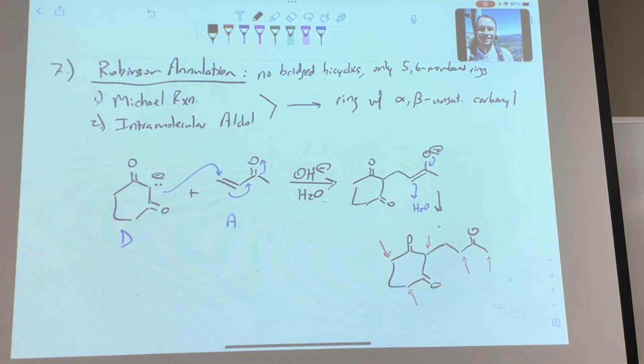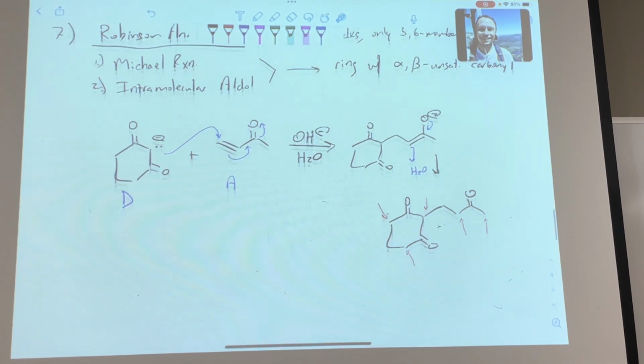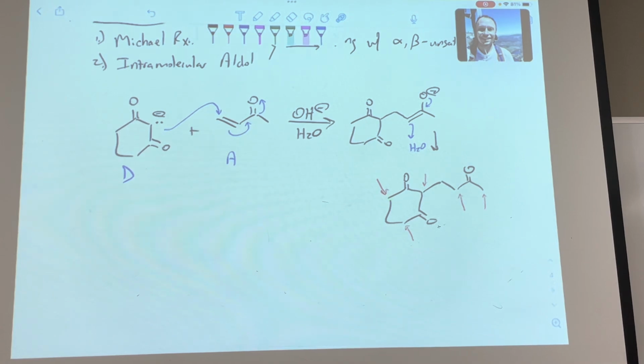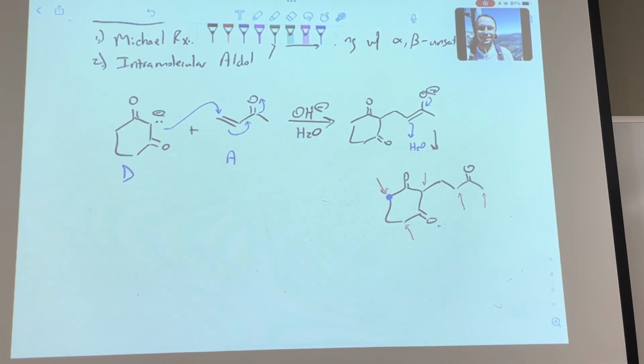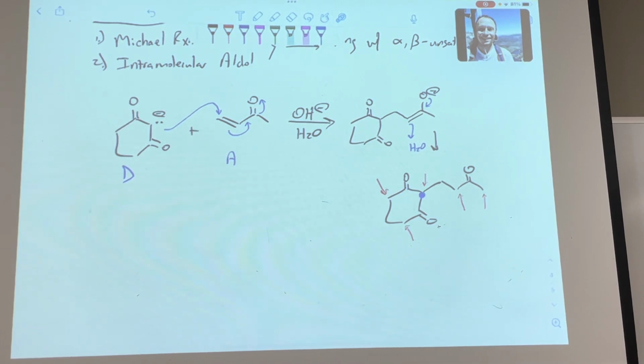So, if I were to enolize at that position, right there, it would try to wrap around and attack the other carbonyl. 1, 2, 3, 4, 5.